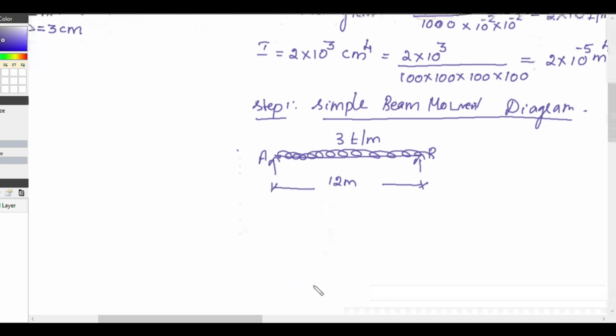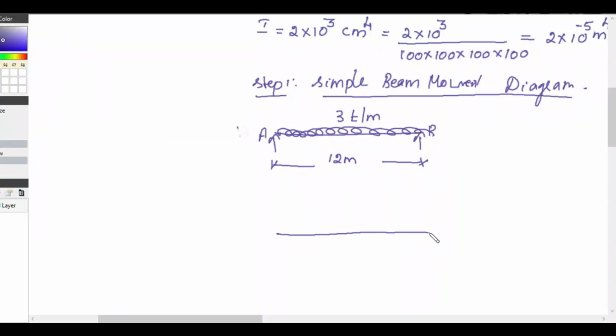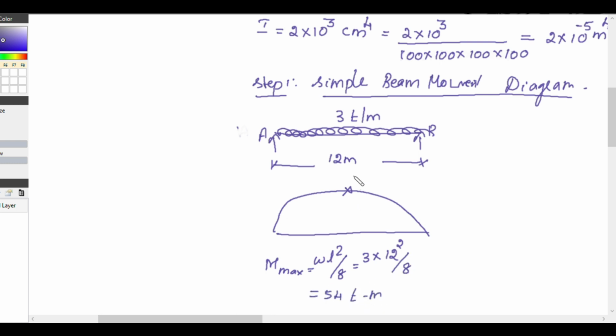We know for a UDL, the simple beam moment diagram is a parabola and the maximum value at the midspan, and M max is equal to WL square by 8. So that is equal to W is 3, L is 12 square divided by 8. We get 54 tons meter. So this is 54 tons meter.